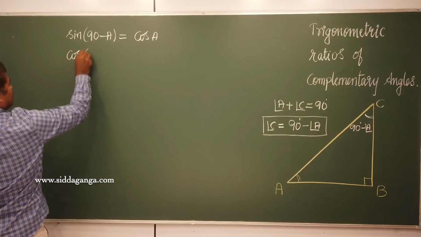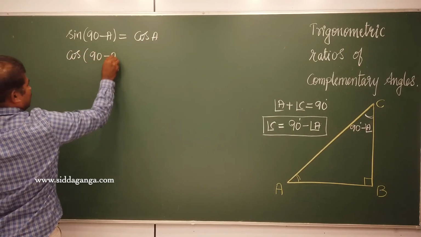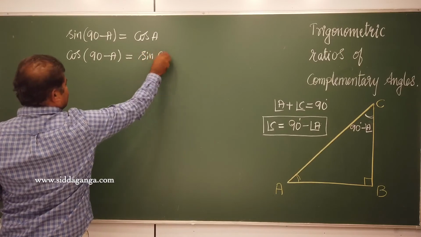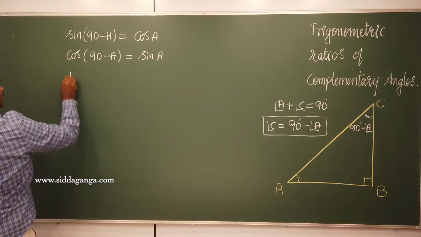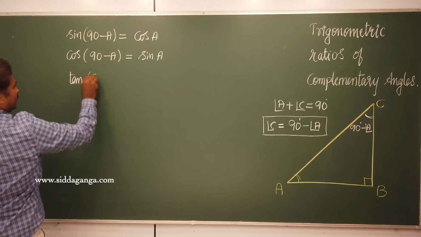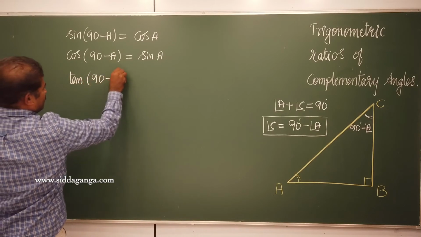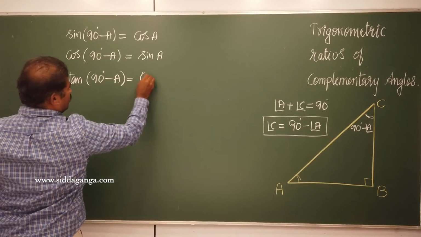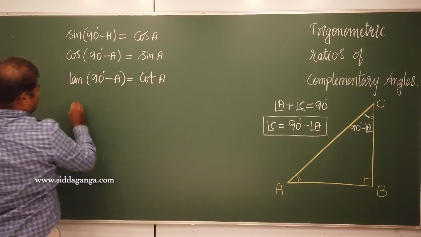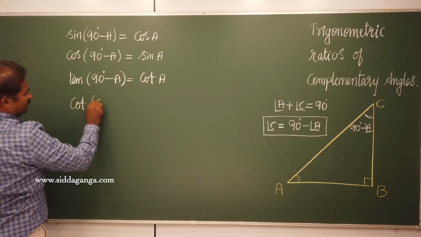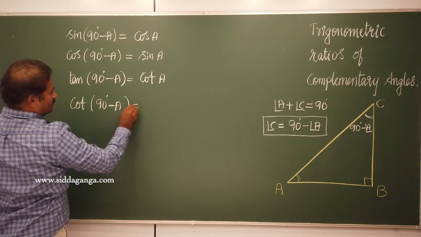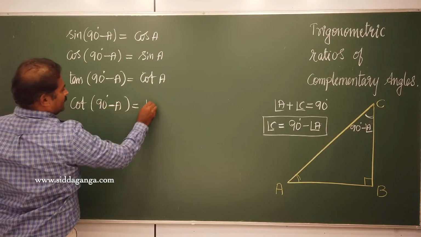So what is cos(90 minus A)? It is equal to sin A. What is tan(90 minus A)? It is equal to cot A. And what is cot(90 degree minus A)? It is equal to tan A.